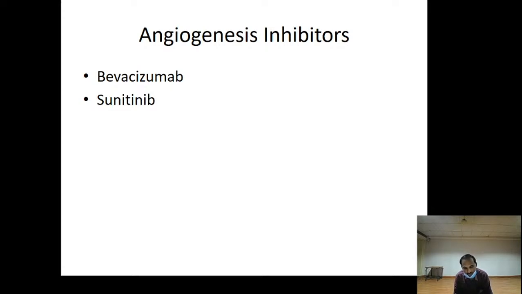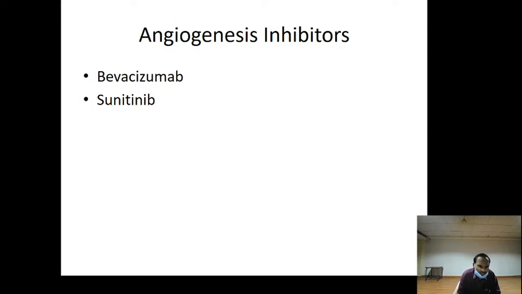Sunitinib doesn't go and block the growth factor; it inhibits the signal transduction. It blocks the receptor to which the vascular endothelium growth factor binds. So the VEGF receptor inhibitor is sunitinib, and the direct VEGF inhibitor is bevacizumab.